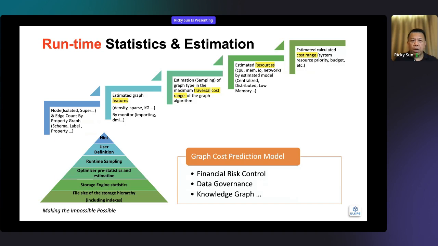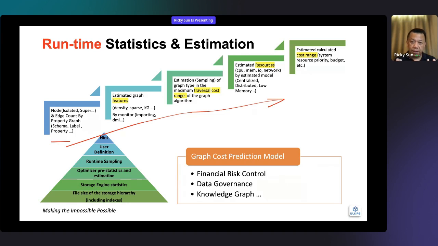Another important topic to mention is the runtime statistics and estimation. There are layered approaches to this, from very simple, rudimentary ones to very sophisticated ones. For instance, what's illustrated here is a 5-layered approach, right? The most basic first layer is to evaluate, for instance, the properties of the graph, like how many schema, labels, properties, nodes and edges you have, very basic ones.